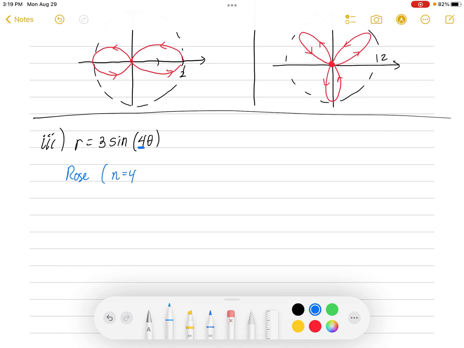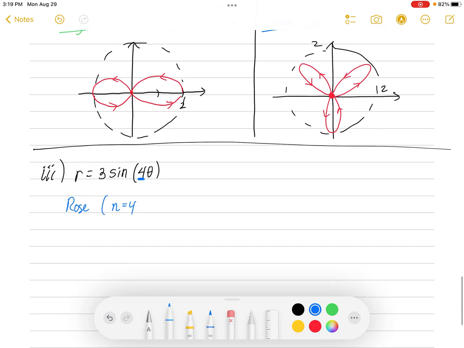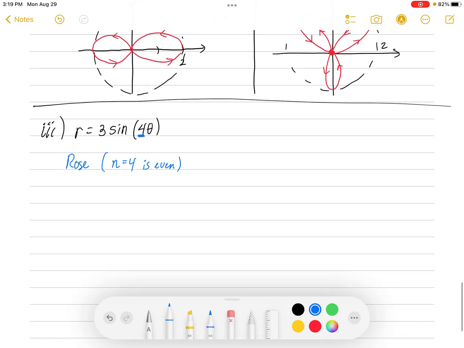And we have n equals 4. Since that's even, remember you have to multiply by 2 to get the number of petals. So n equals 4 is even, so we're going to do 2 times that number to get the number of petals. So it's going to be 8 petals. So an 8 petal rose. This again is a sine rose.